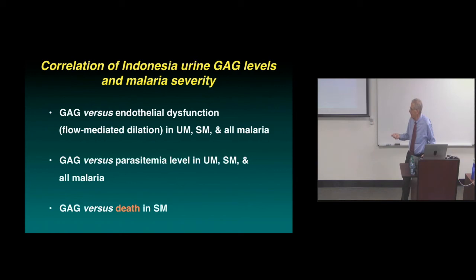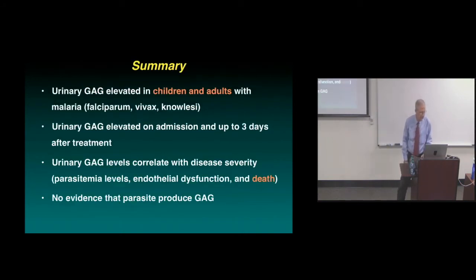And then there weren't many deaths in the groups from Indonesia, but in those who died, doing statistics on relatively low numbers, it was clear that the ones that had the high glycosaminoglycan excretion were more likely to die. So it seemed to be a predictor of death, of severity too.